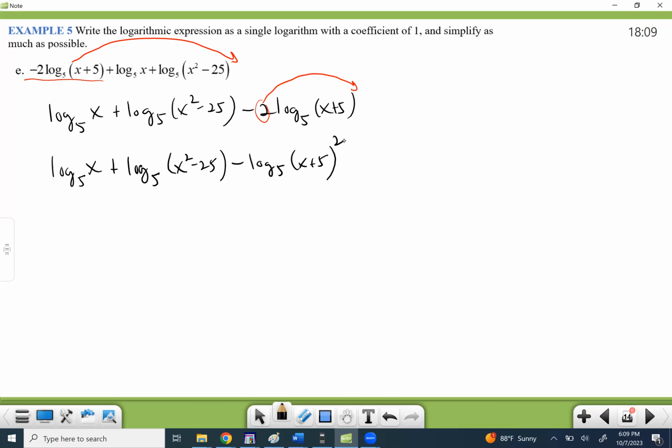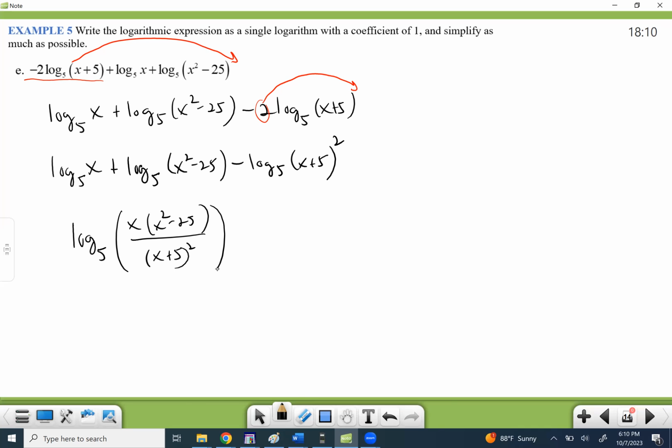And now we're looking pretty good because we know that both of these are positive logs, so they'll be in the top. And this is the one that has the minus in front of it, so it's going to be in the bottom. So we can write this as a single logarithm. It's going to be pretty gnarly looking, but here we go. We got an x and an x squared minus 25 that are going to go on the top. And then we've got an x plus 5 squared that's going to go in the bottom, since that one has a minus in front.